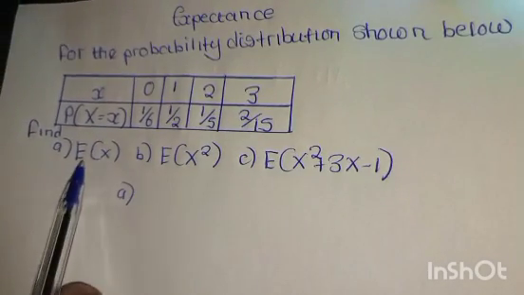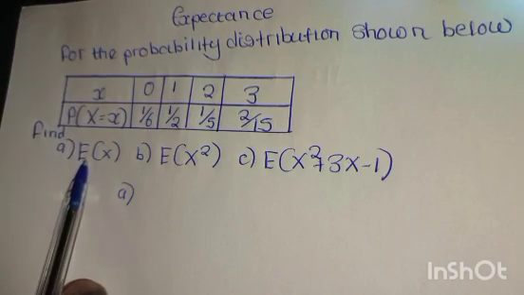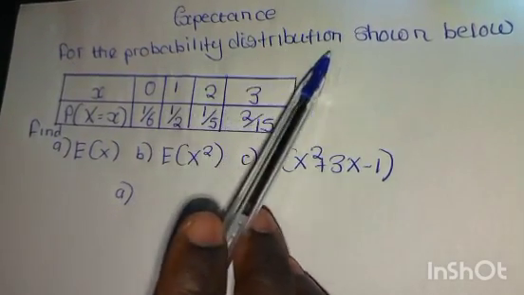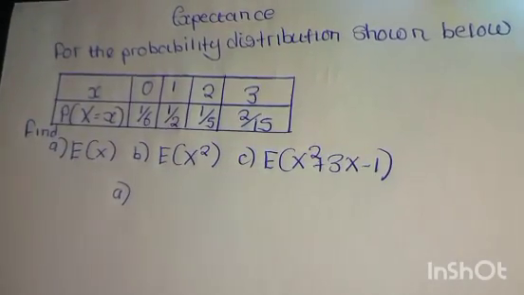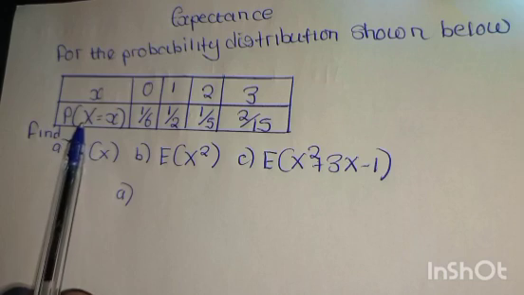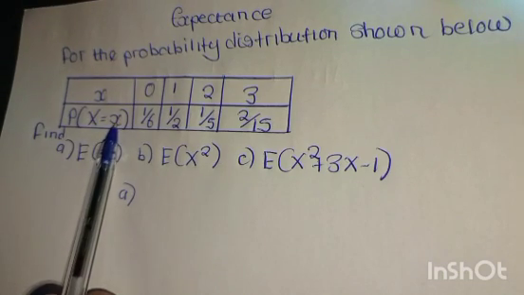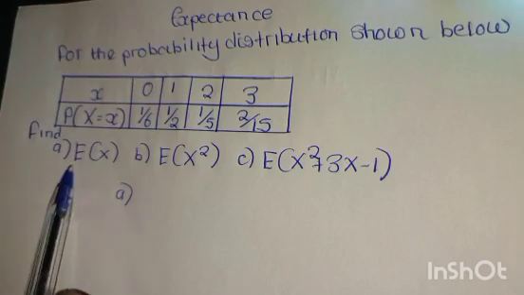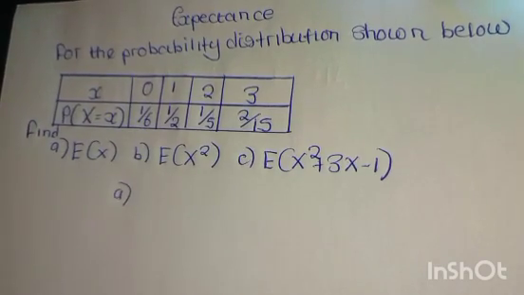The first one is telling us to find the expectation of x, for which the question reads: for the probability distribution shown below. Remember, I told you even in the previous video that this x is the same as that x. So for you to go directly in solving for a, you just multiply 0 times 1 over 6.